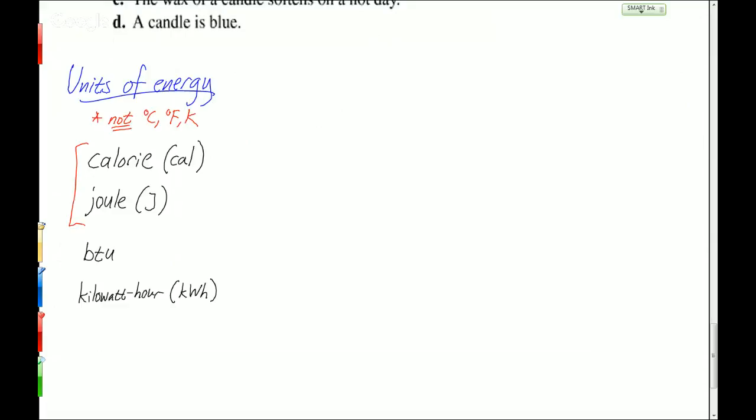And the calorie is defined as the amount of energy it takes to raise 1 gram of water 1 degree C. Remember, 1 gram of water is a milliliter.